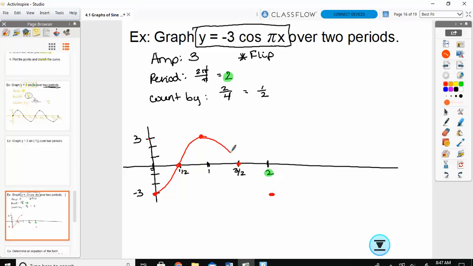I know sometimes it's a little challenging to make these graphs perfect, but please make every effort to curve them. You all right?